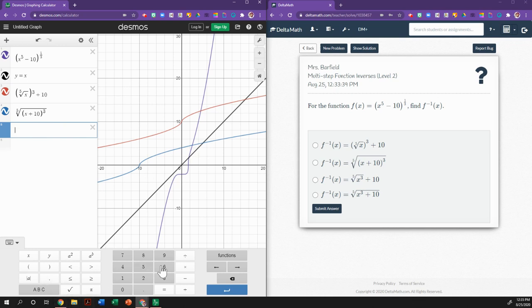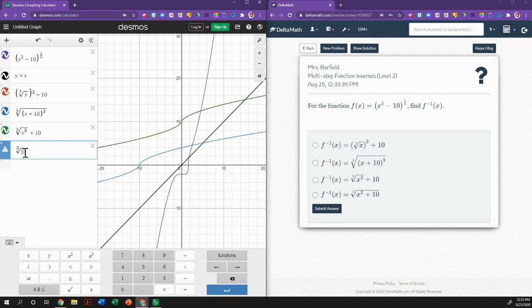All right. The fifth root, and then plus 10. Oops. Plus 10 outside of it. Okay. Now the last one.